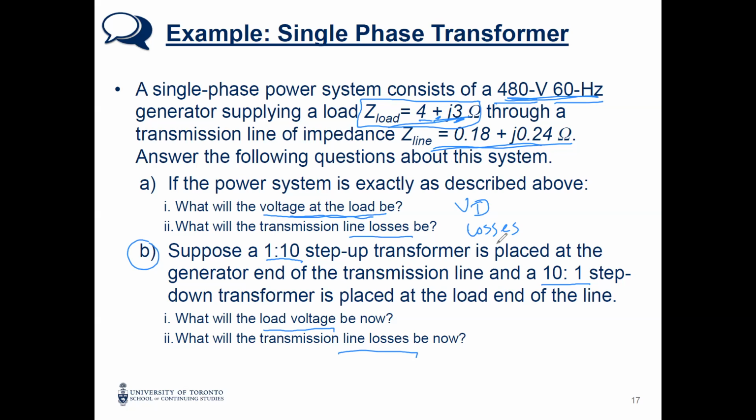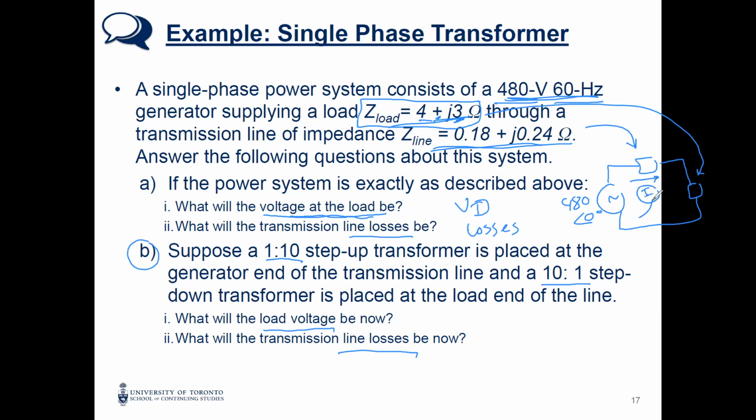Okay. So to solve this, first you will have a simple circuit, voltage 480, angle 0. We assume that it's a reference. We put the impedance of the line here, we put the impedance of the load here, and you can calculate the current.